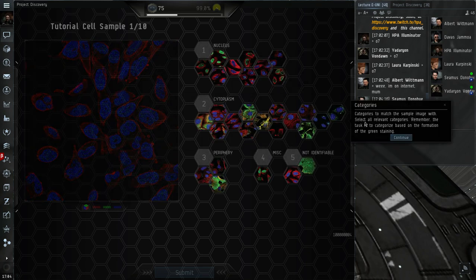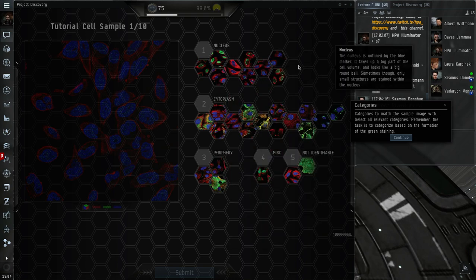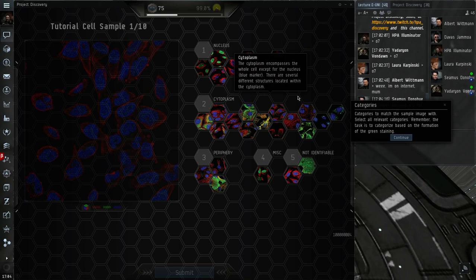The second box coming up is that there are a lot of categories on the right part of the image. And you should select all relevant categories. Remember, the task is to categorize based on information in the green channel.